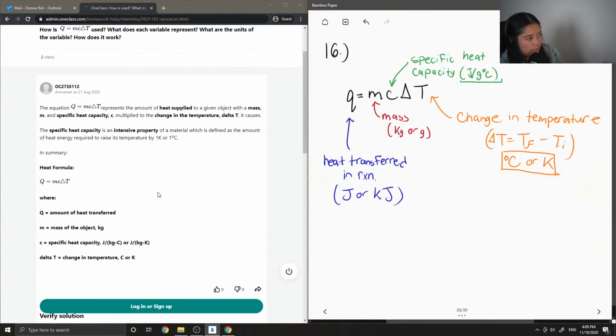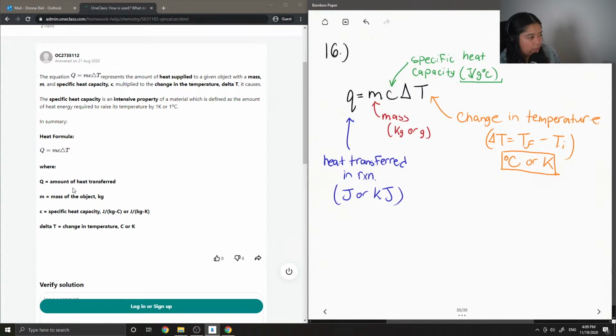The equation Q equals MC delta T represents the amount of heat supplied to a given object with a mass and specific heat capacity multiplied to the change in temperature delta T it causes. The specific heat capacity is an intensive property of a material which is defined as the amount of heat energy required to raise its temperature by 1 Kelvin or 1 degree Celsius.